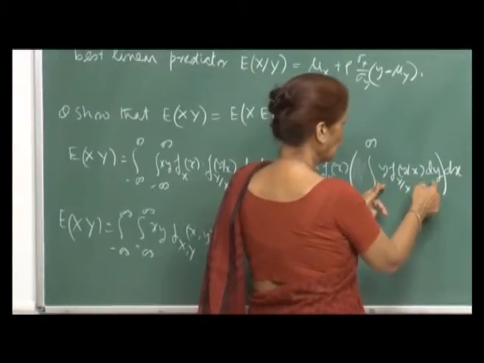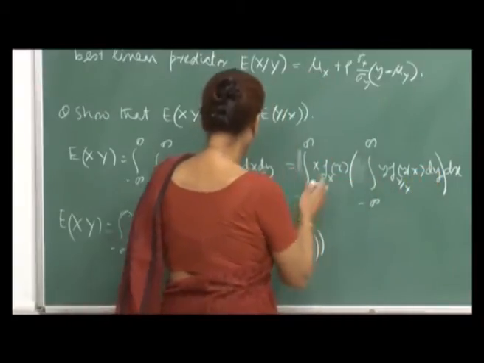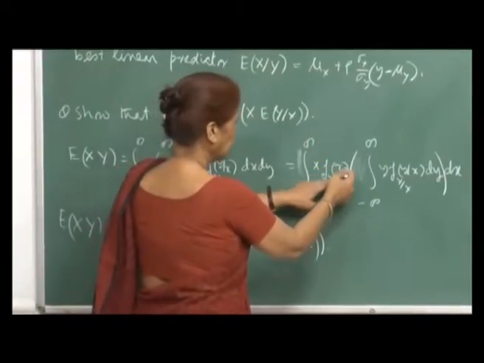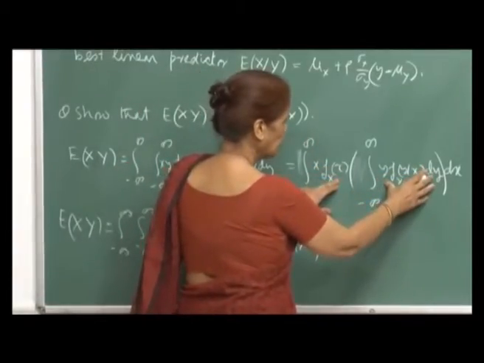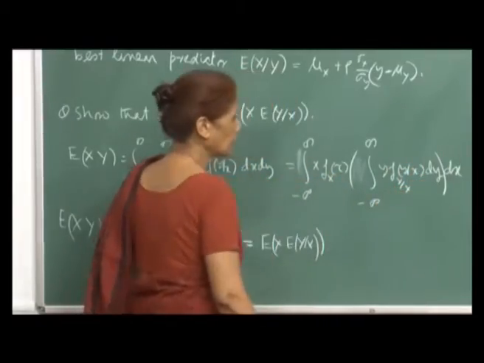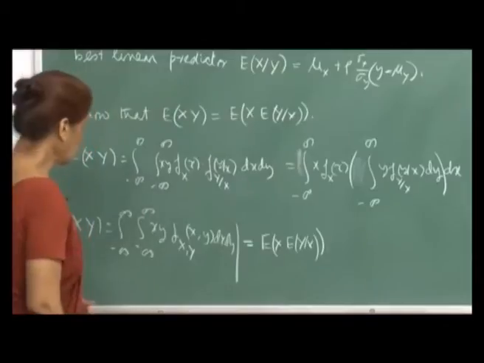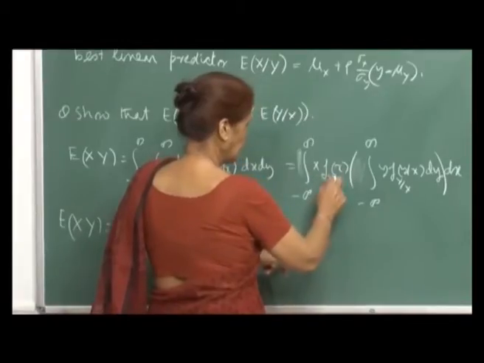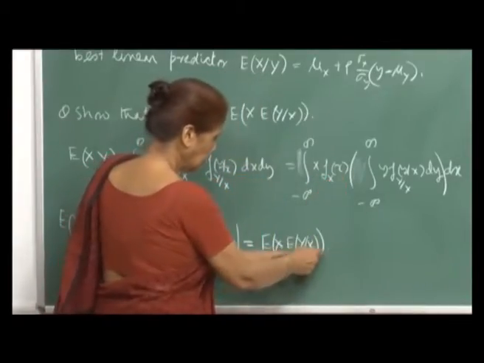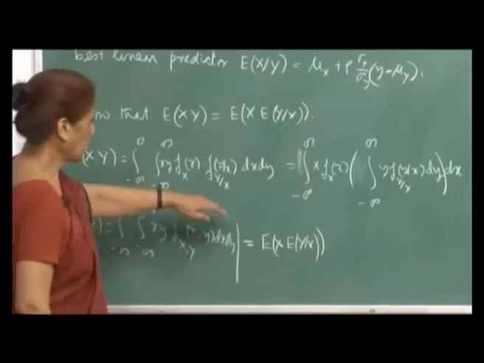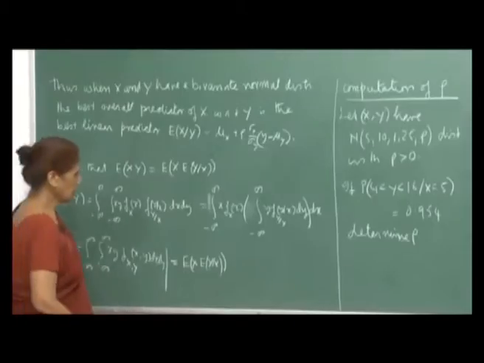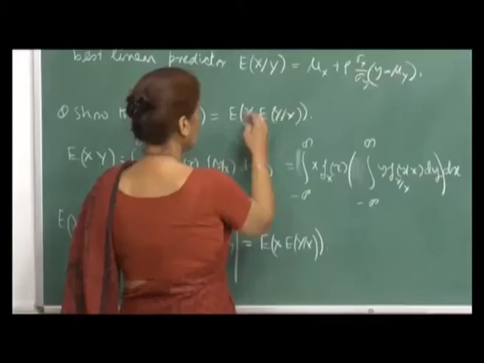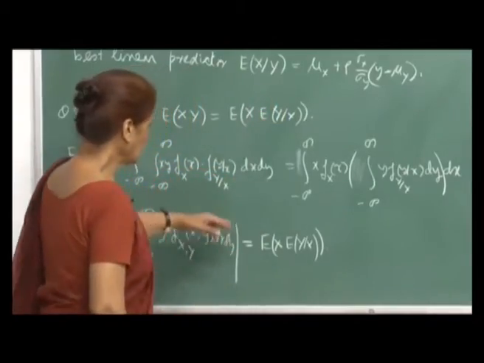So, I can separate this double integral into the integral from minus infinity to infinity of x f x of x, and the inner part will come out to be a function of x, and then the whole thing I integrate with respect to dx. You can immediately see that this is the expectation of y given x, and then x times f x, which gives you the expectation of x into the expectation of y given x. So, a simple calculation, but again emphasizing that this is a random variable and therefore becomes a function of x, and you compute this expectation again and you get this.